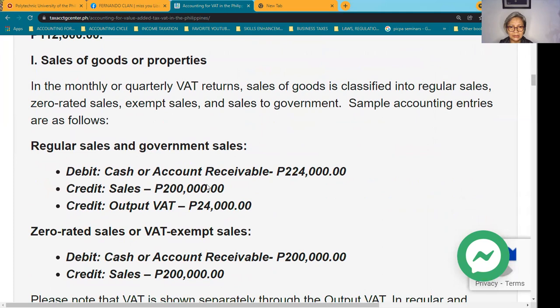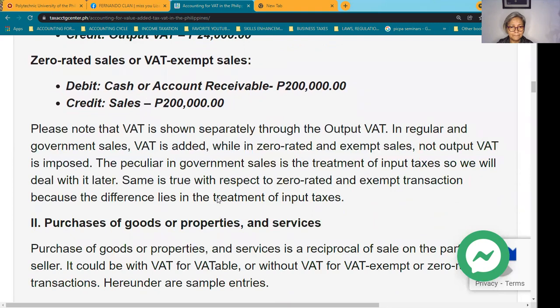Yun lang yung nakakalito dun sa VAT kung meron kang transaction with the government, because the government withholds certain amount of VAT. Pagka-transaction mo sa government, ikaw na dapat yung withholding agent. Ikaw yung seller, ikaw yung withholding agent ng VAT.